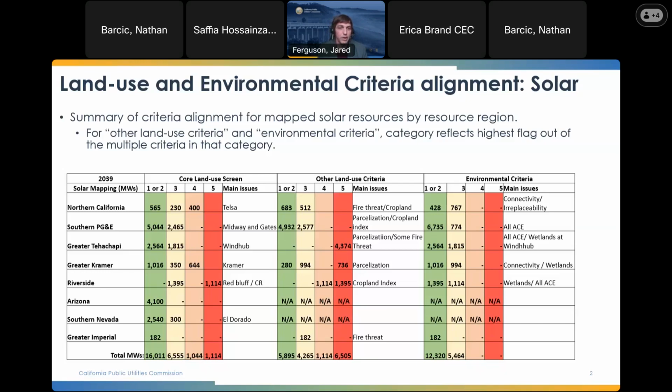For Arizona and Southern Nevada, you have one substation in Southern Nevada for solar, the El Dorado substation, that has a level 3 compliance flag.